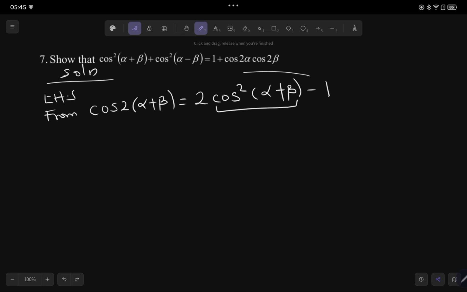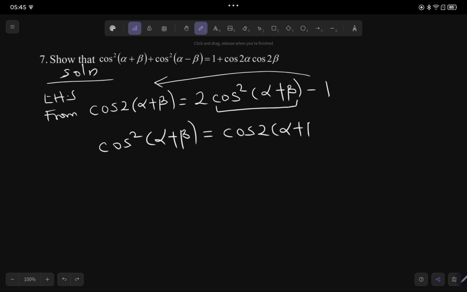So this negative 1 will come to the left as a positive 1, then we divide by 2. It means cos squared of (alpha plus beta) is the same as cos of 2 into (alpha plus beta) plus this 1 which has crossed, over 2.